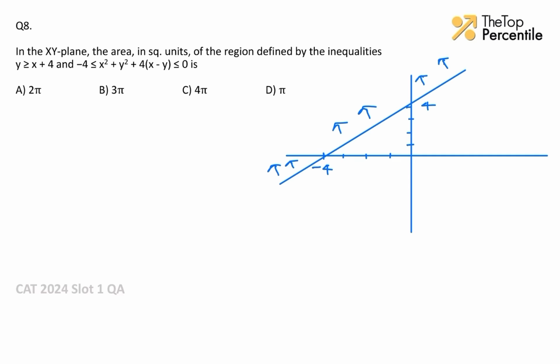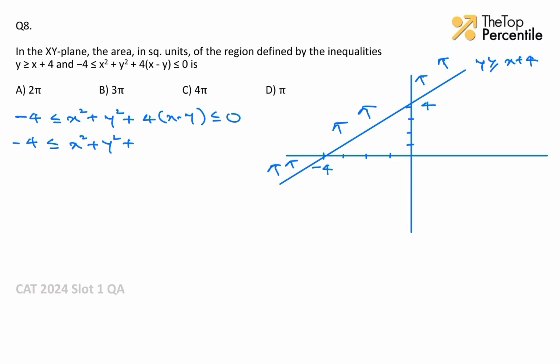Now let's take the second line. Let me write here, this line is y is greater than or equal to x plus 4. Let's go on to the second inequality, that is minus 4 less than or equal to x square plus y square plus 4 into x minus y is less than or equal to 0. Okay, let me simplify this further. So this will be x square plus y square plus 4x minus 4y less than or equal to 0.